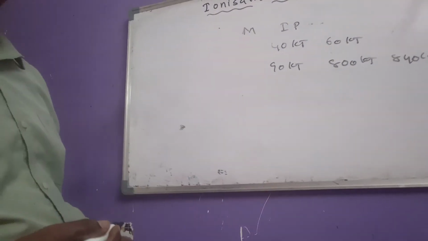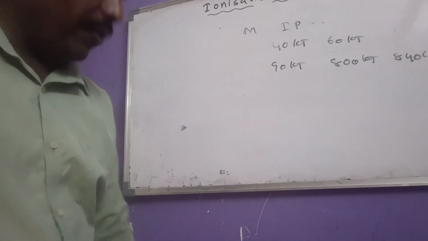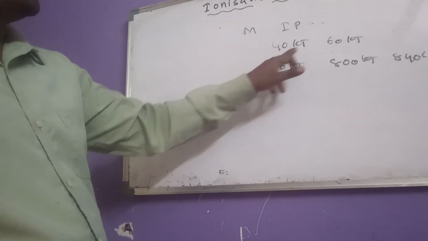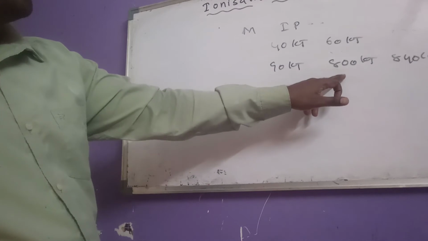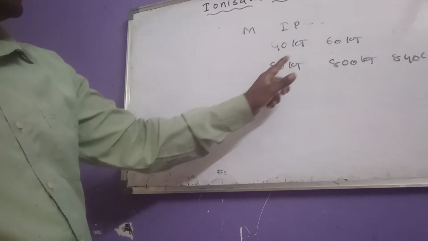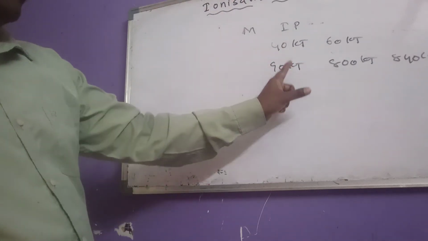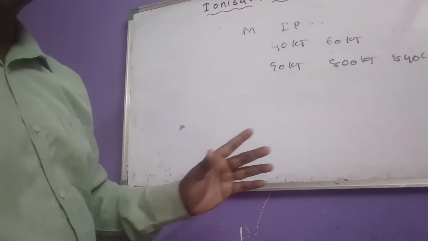Now what is the group number of that element? Let us observe the IP values. First IP 40, second IP 60, third IP 90, fourth IP 800. Between the first IP and second IP, and the second IP and third IP, there is only a small energy gap. But after the third ionization potential there is a sudden energy gap.